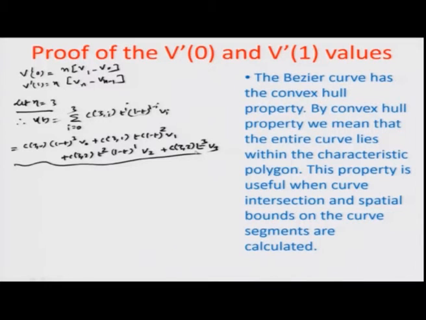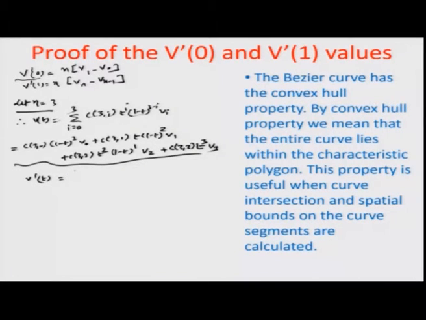And if I wanted to now solve this corresponding to t equal to 0, just to find out what is going to happen to this v dash 0, first of all let us calculate what is v dash t.